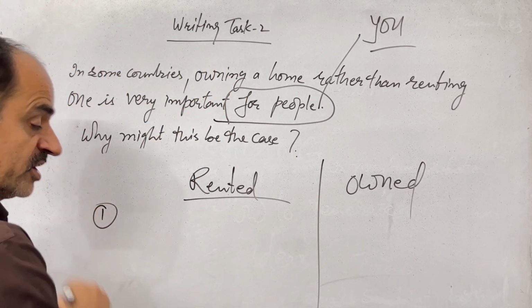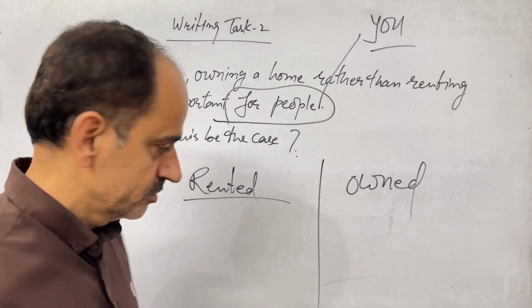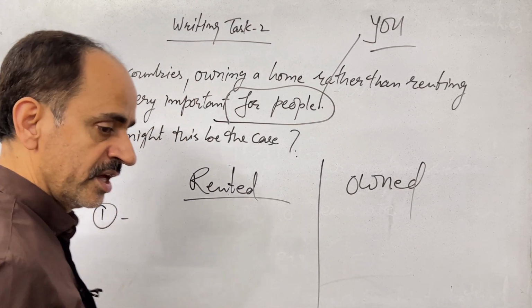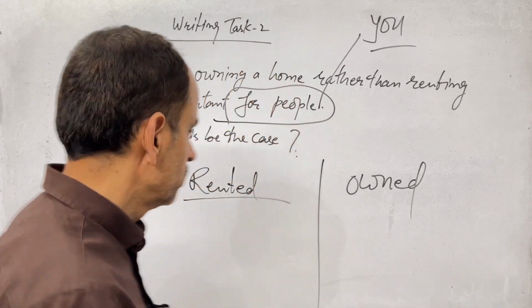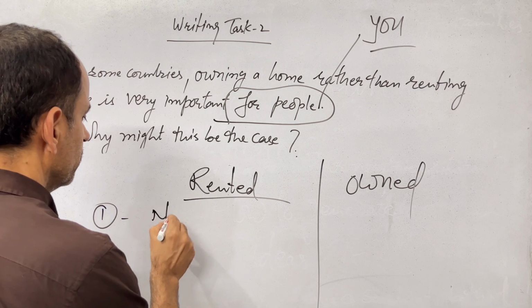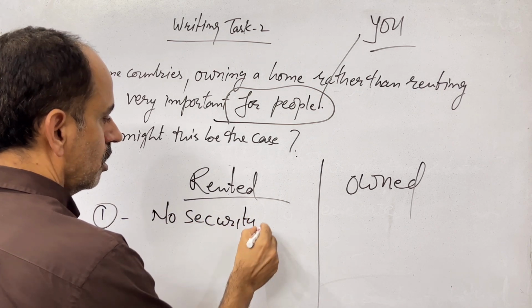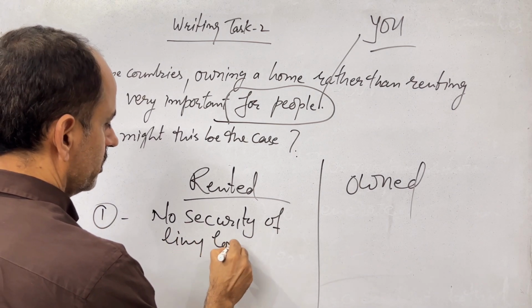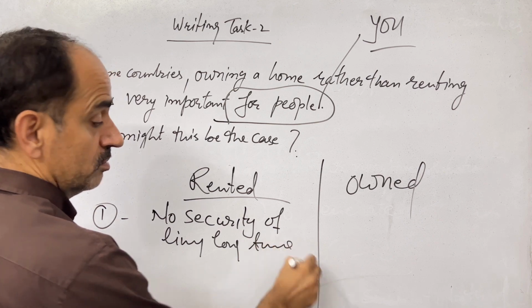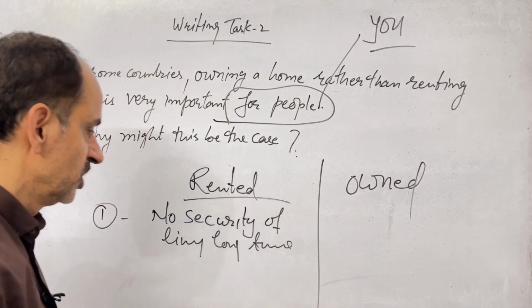So if I live in a rented house, so my owner can order me to leave the house anytime. So there is no security of living long time. Anytime the owner can order you to leave.